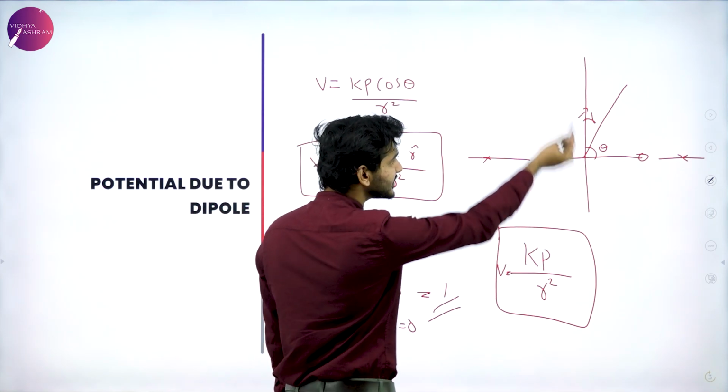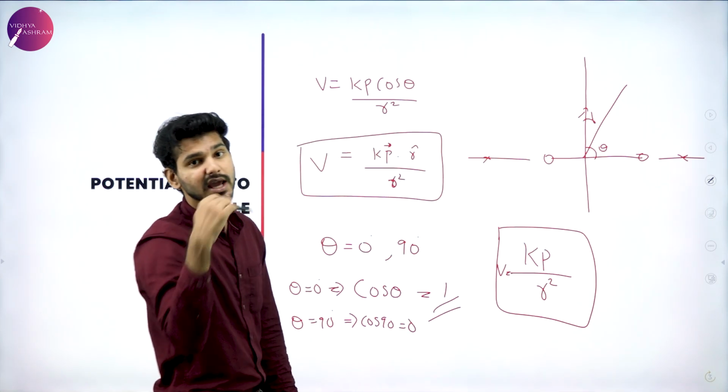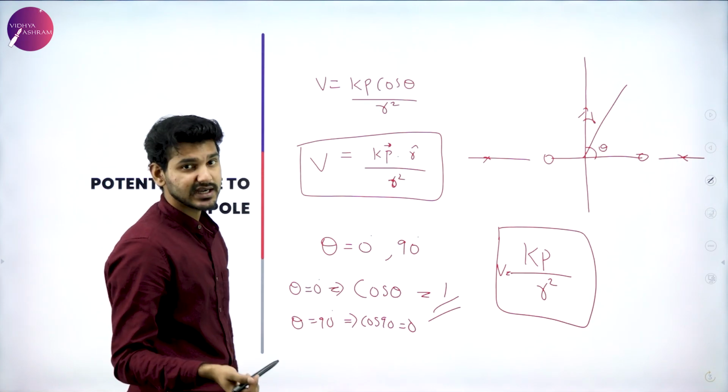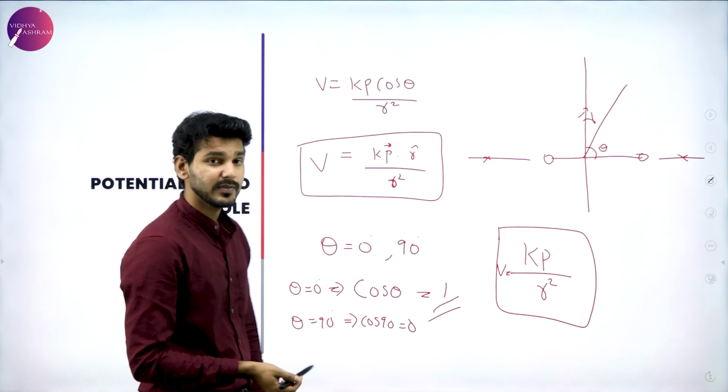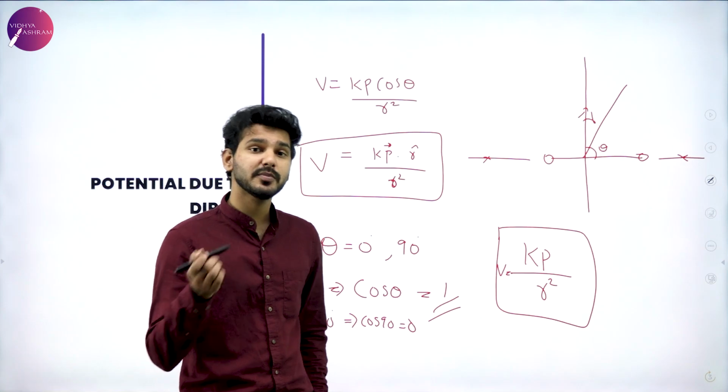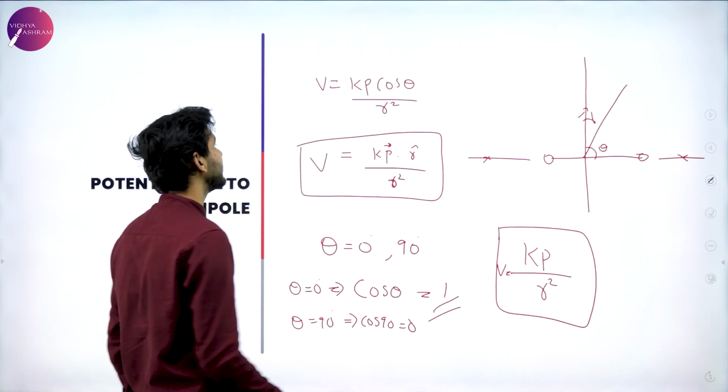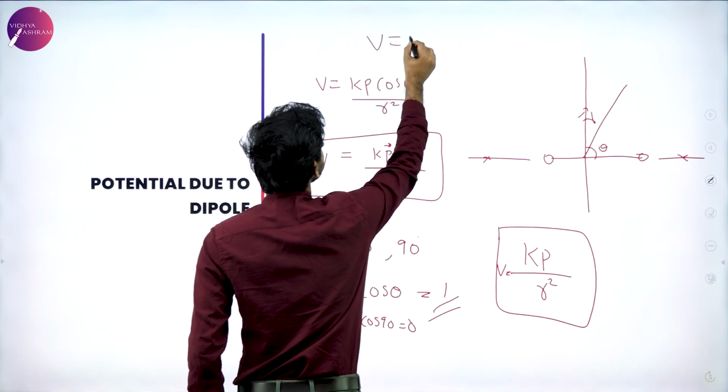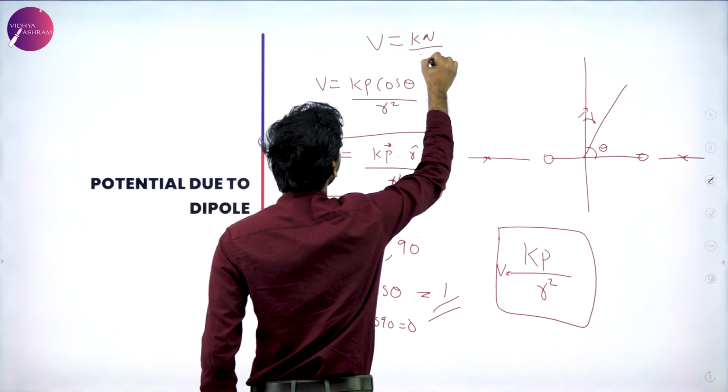And along the equatorial plane, that is when theta is equal to 90 degrees, the value of potential will be 0. And the only thing to remember here is that in the normal equation, V will be equal to KQ divided by R.